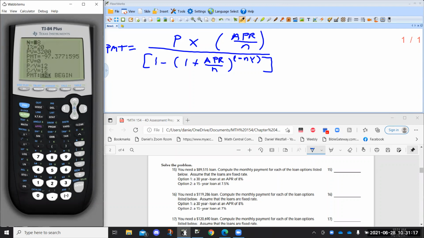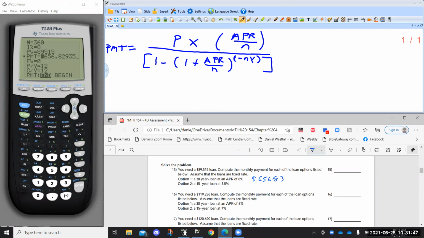We've got a 30-year loan with an APR of 8%, and the loan value was $89,515, and we want to find that monthly payment, which is going to be $656.83.